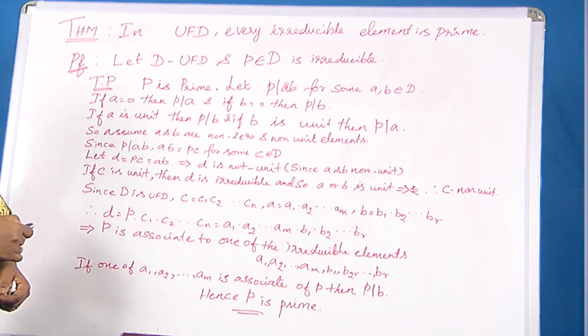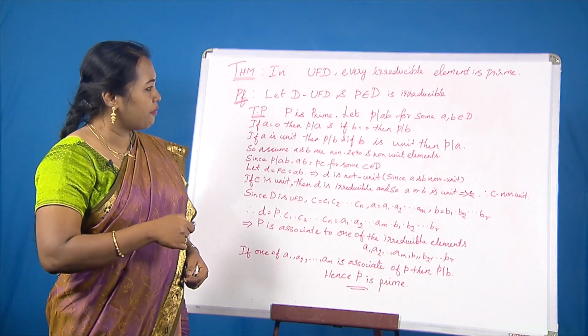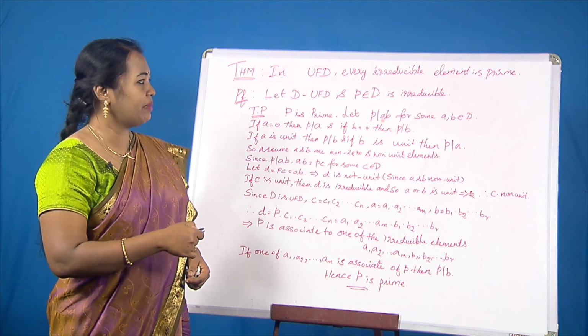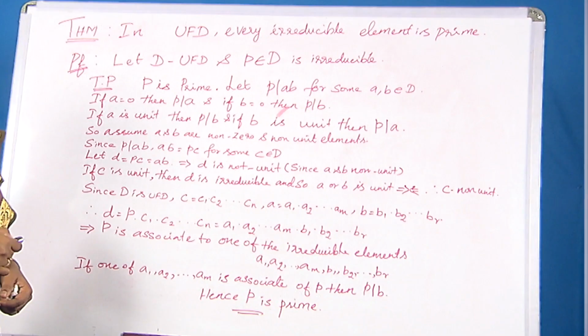In the same way, if b is a unit, it has an inverse, and you are left with only a, and therefore p divides a. So, in these two cases we have shown that if p divides ab, then p divides a or p divides b. Now that we have considered the trivial cases, let's go on to the non-trivial one.